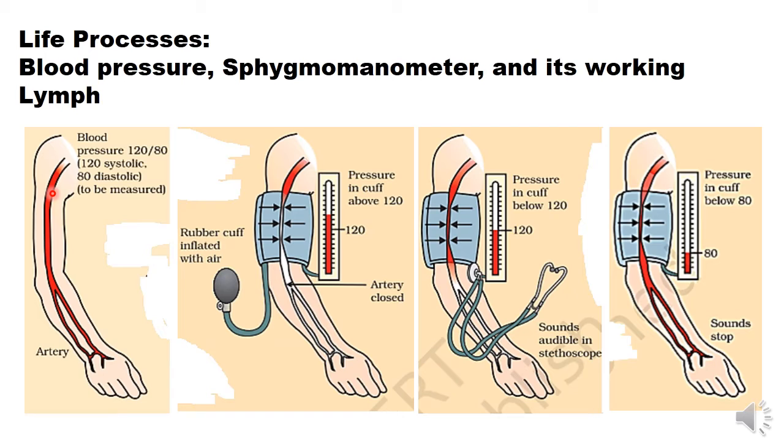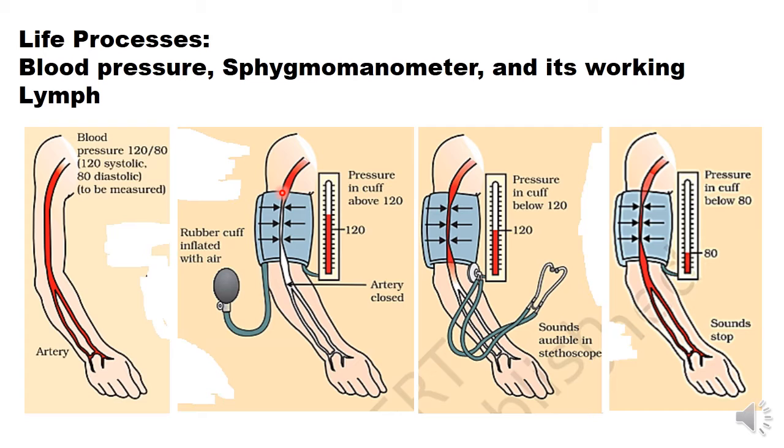So that's what we do. You must have seen that doctors always wrap a cuff-like structure just above your elbow and they start inflating it. Once the cuff is inflated, it is pressing very hard till your brachial artery is closed.